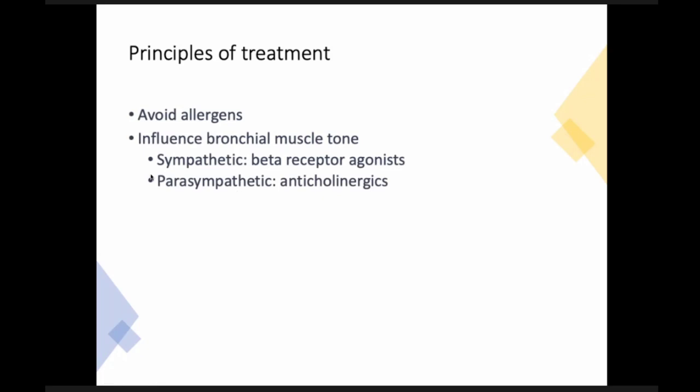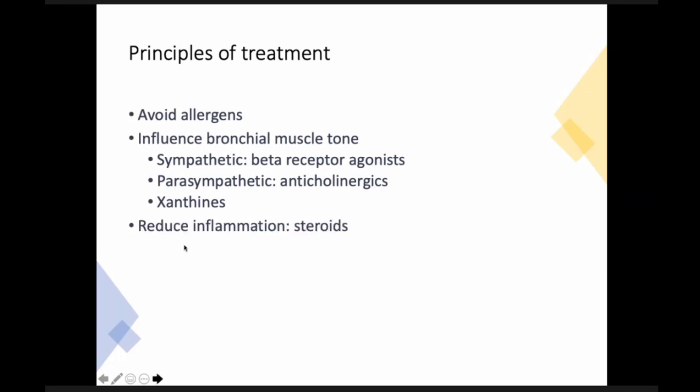So you either augment the sympathetic tone with beta receptor agonists, or you inhibit the parasympathetic tone with anticholinergics. Then we have xanthines. Xanthines are no longer used very much because of their adverse effects. It was used many years ago, but we are not very fond of xanthines now.